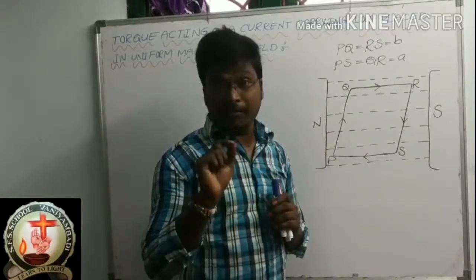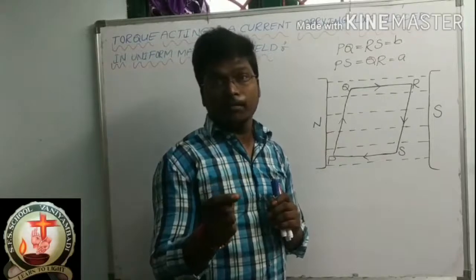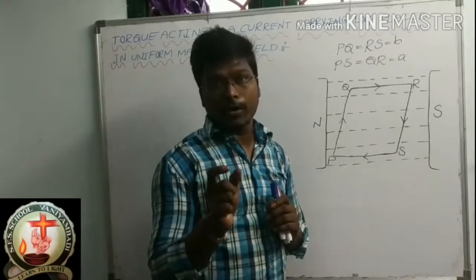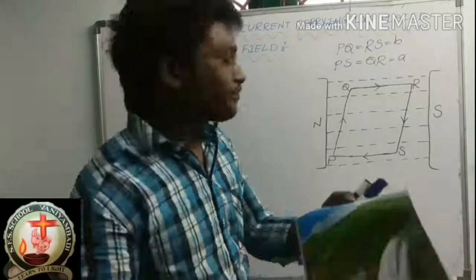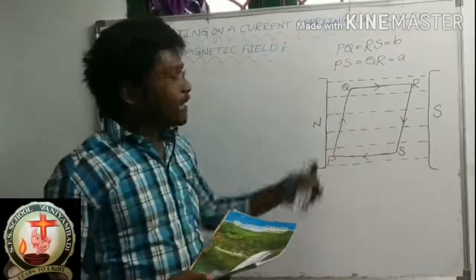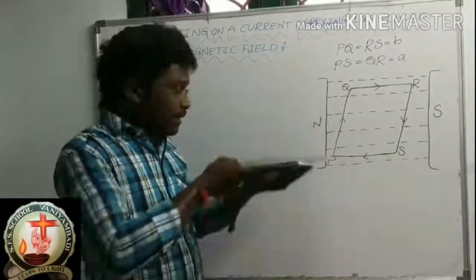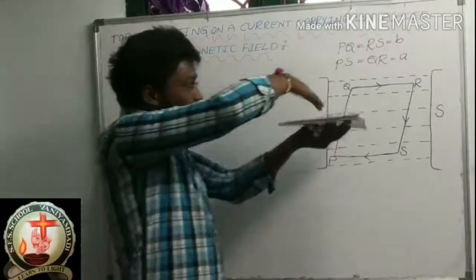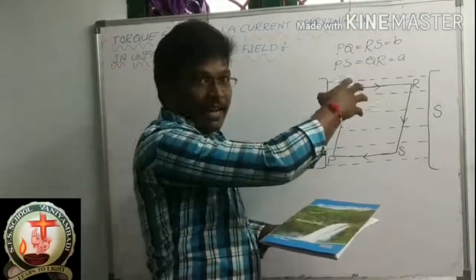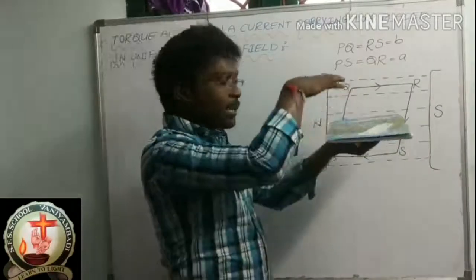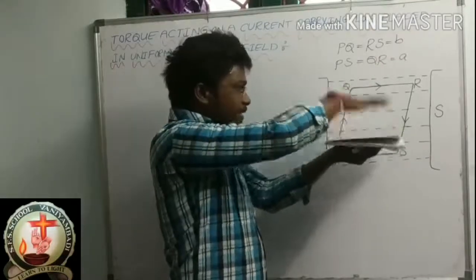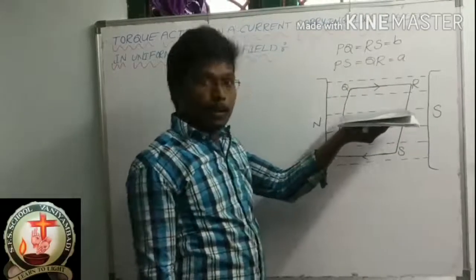It is very important, and at the same time it is the most confusing topic. In the diagram it looks like this, but actually I placed the loop like this.